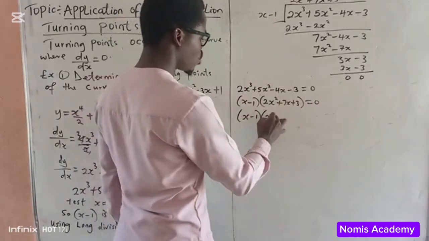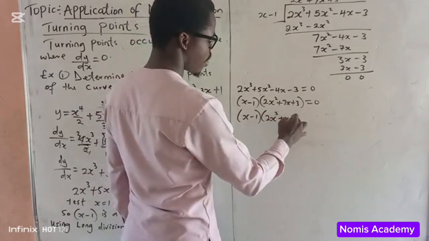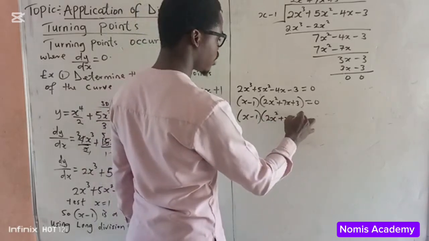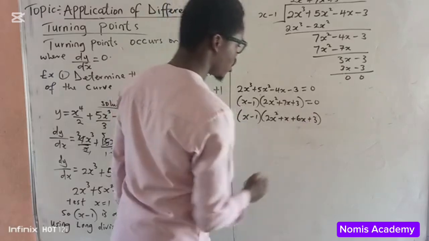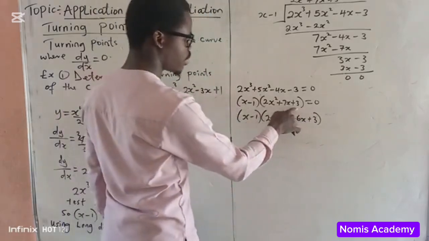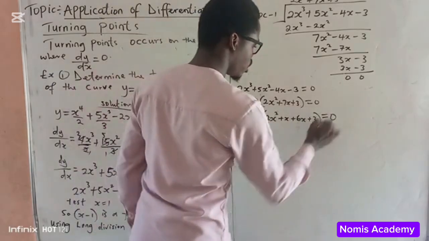Now we have 2x squared plus x plus 6x plus 3. So when you factorize the quadratic expression here, you will definitely have this, then equal to 0.